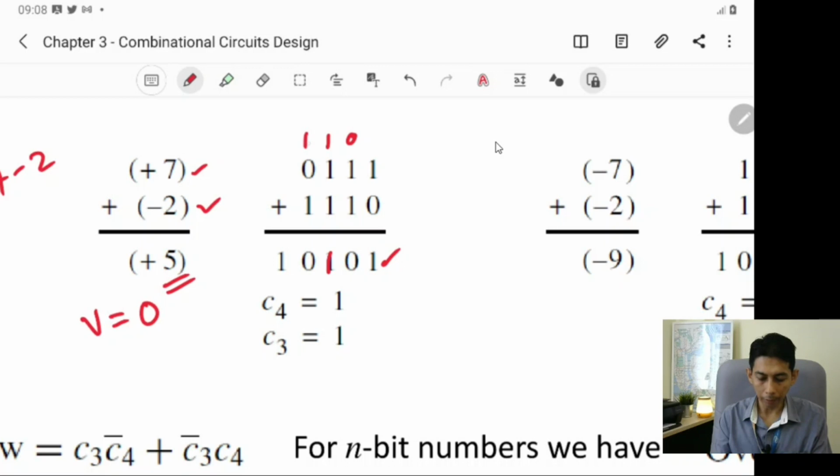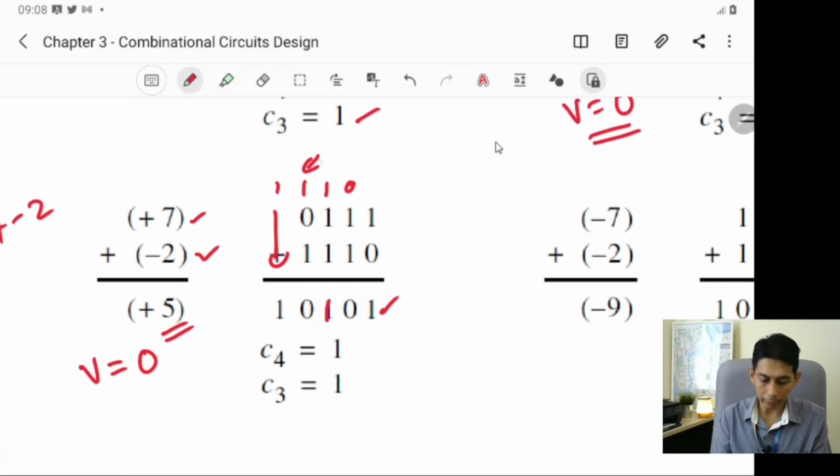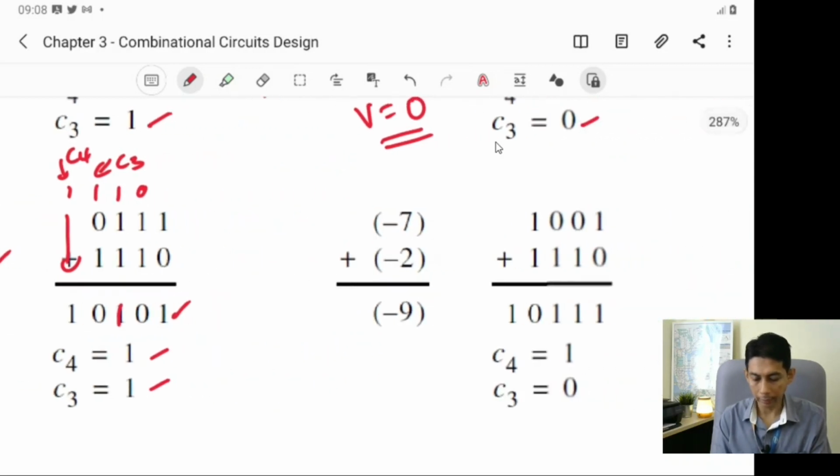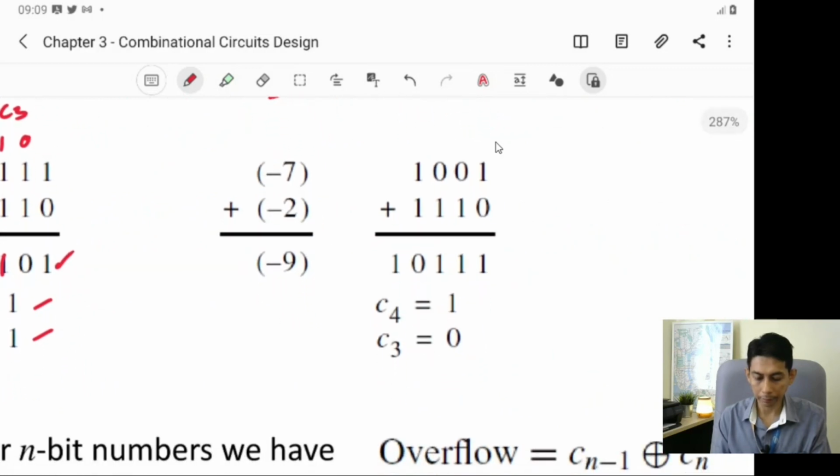And 1 plus 0 plus 1, you have 0, and your carry is 1. That's why you have 1 here. So this is C3, this is C4. So C3 and C4 both are 1 and 1, the third case.